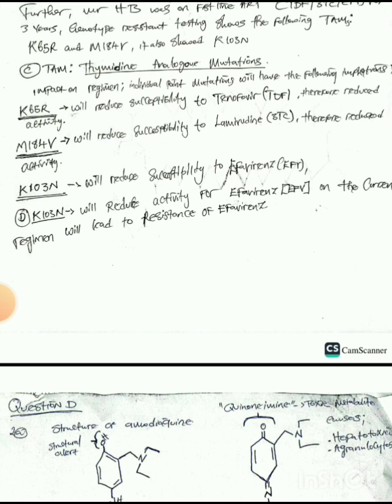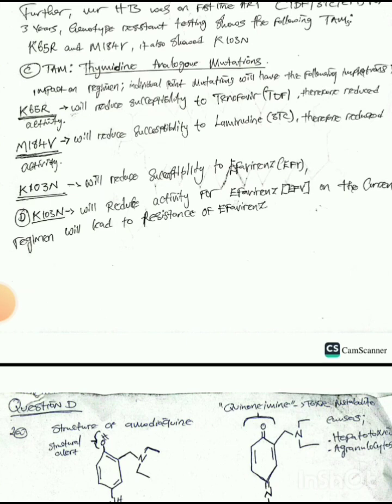So the question reads: explain the notation TAM. These are thymidine analog mutations. They are associated with the nitrogenous base thymidine, and they all have an effect on various amino acids through mutations. Examples are K65R and M184V.